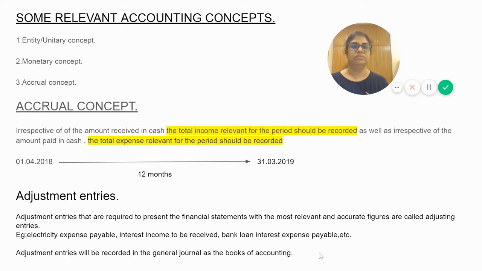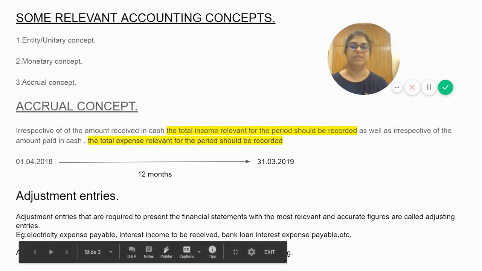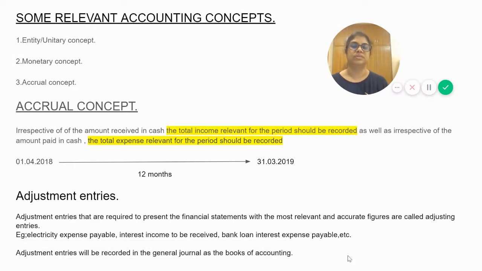Not in the bank account. Then where are we going to record this? The only prime entry book where we can record these adjustment entries is the general journal. So when we are doing adjustment entries, we will be recording them in the general journal.